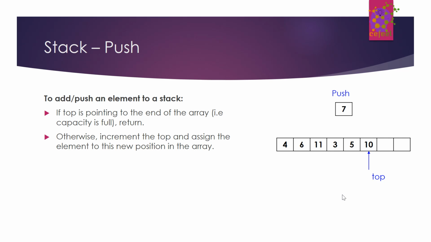So we go ahead and move the top pointer to the next position, and then assign item 7 to the free position top is pointing to, and that's it. Top moves one space ahead, which means now we have 7 items in this stack.